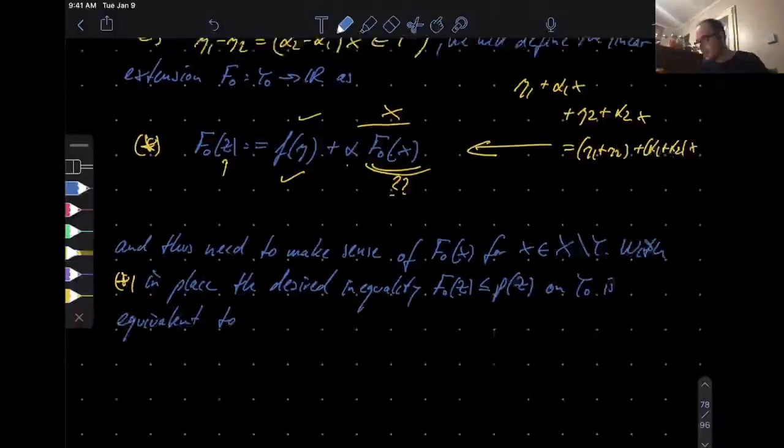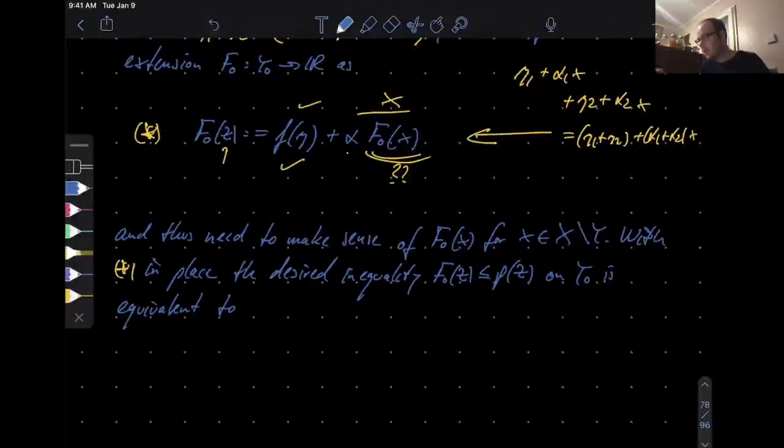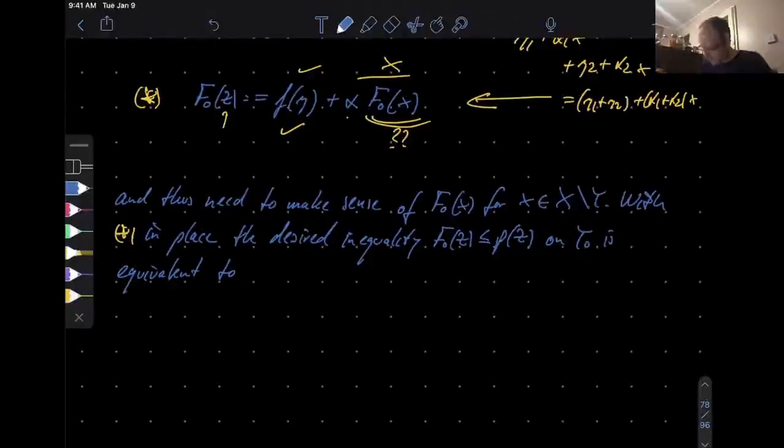So if you stick that inequality in there and z you represent as y plus alpha x, then this is all equivalent to, well, essentially two inequalities.